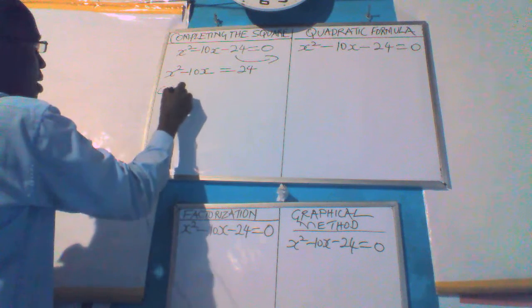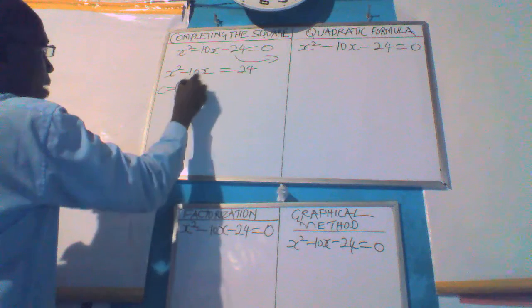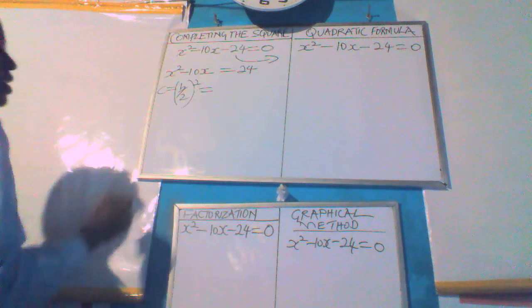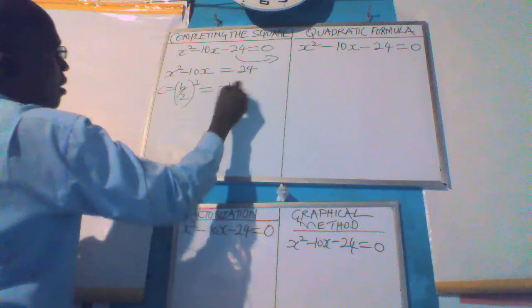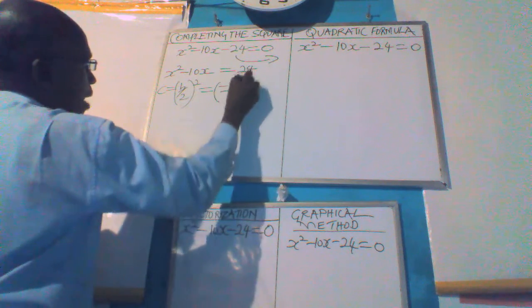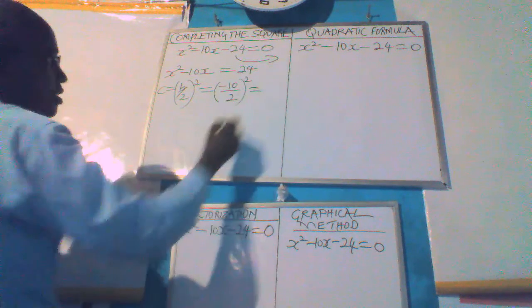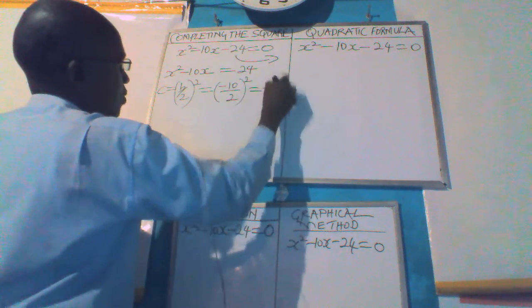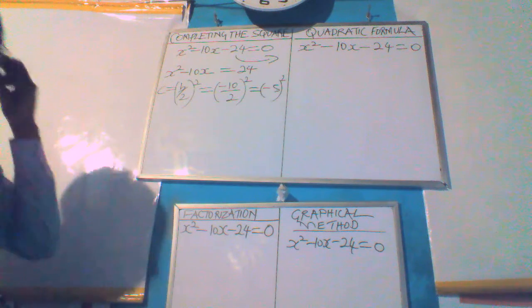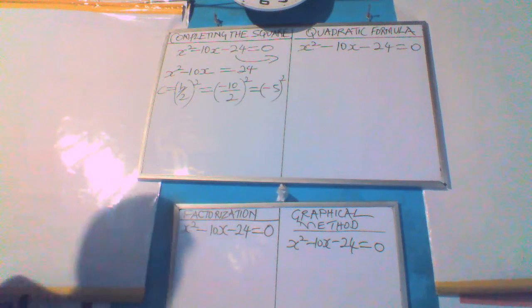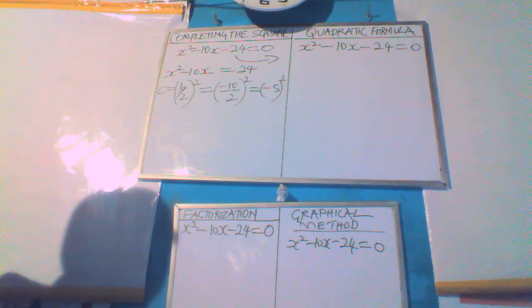The third step would be for us to introduce a new c, and the new c is given by the formula (b over 2) bracket squared. In this case, our b term is minus 10, which is the coefficient of x, all over 2, bracket squared, and that simplifies into (minus 5) bracket squared. So we have found our new c as (minus 5) squared.